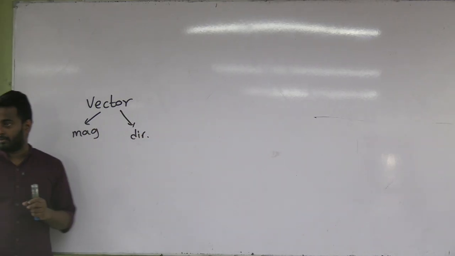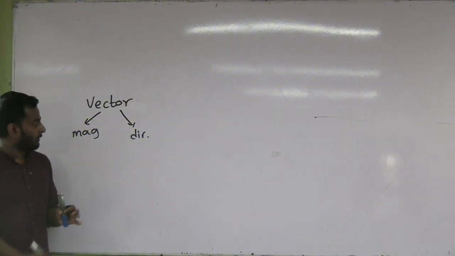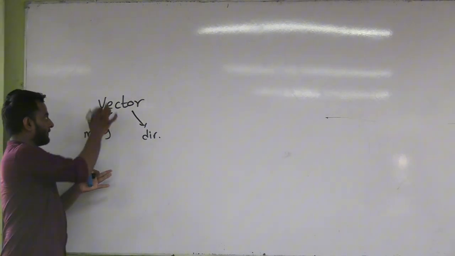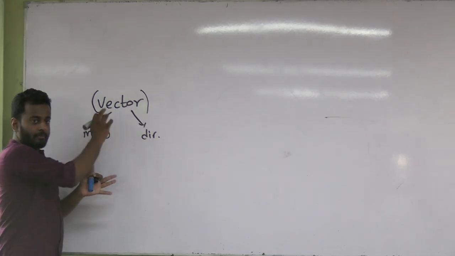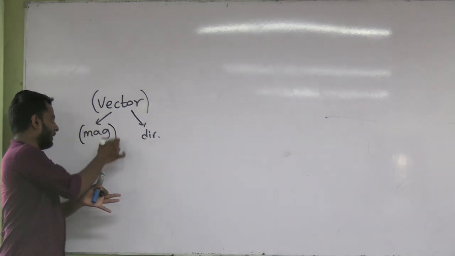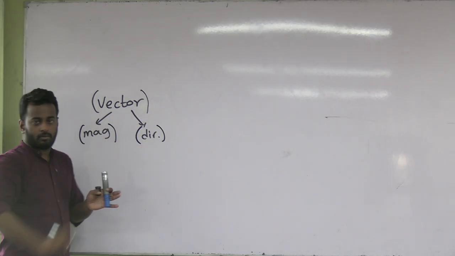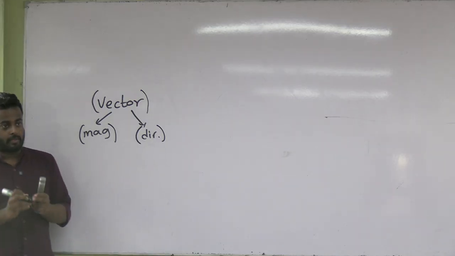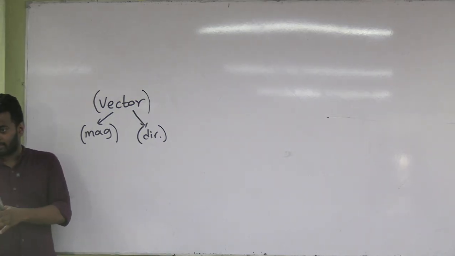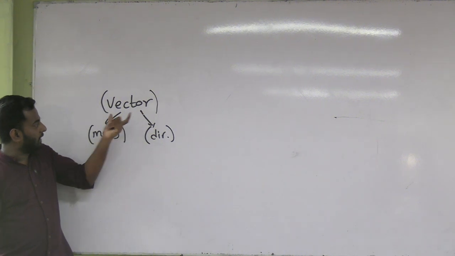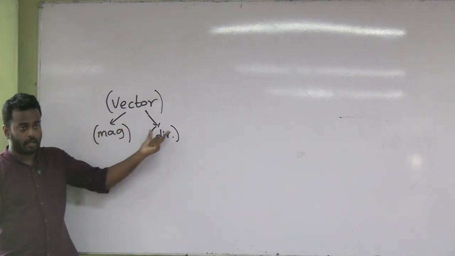So if we are representing a vector, we must have a method of representing the magnitude and also the direction.